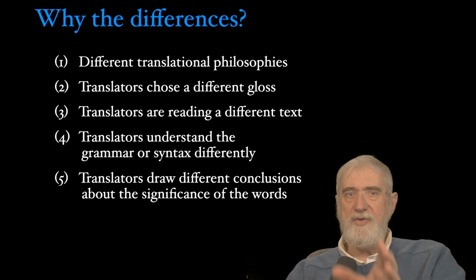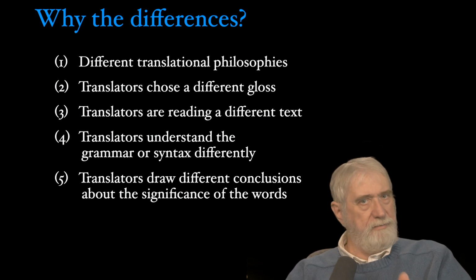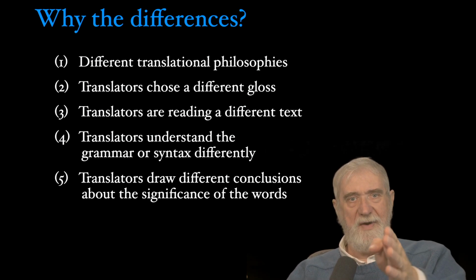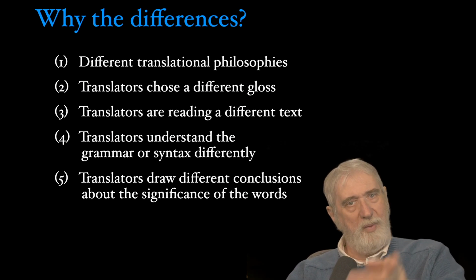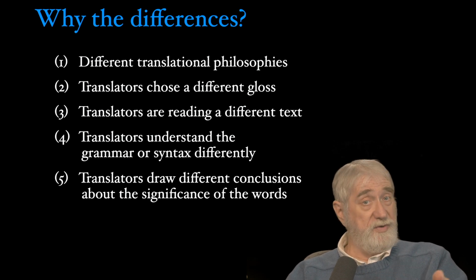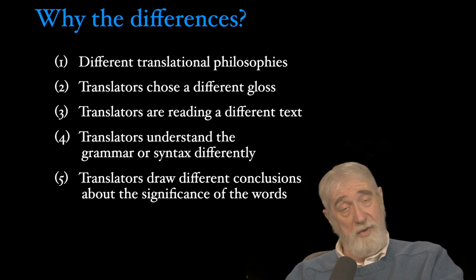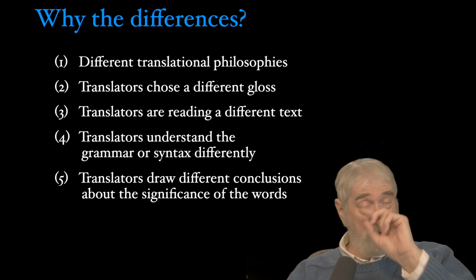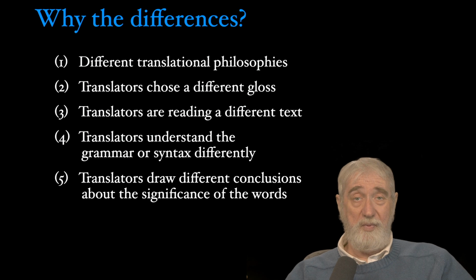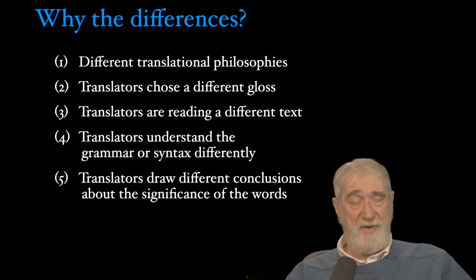And where you encounter differences between translations, it's often very helpful to try to say, what's the cause of this difference? Is it that they are employing a different philosophy, or just chosen a different gloss, or is there a different underlying text, or is this a grammar or syntax issue? What exactly is going on that leads to the different rendering in the different translations?